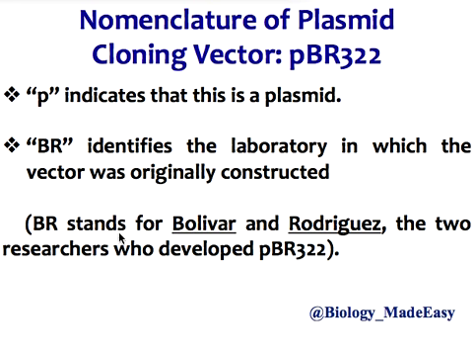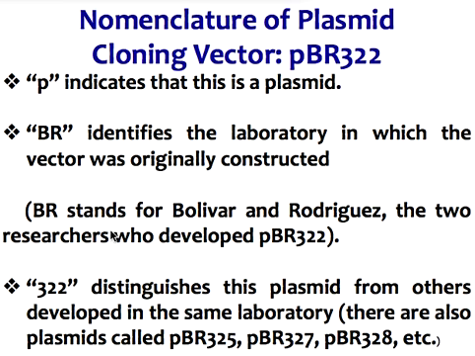We know that BR stands for Bolivar and Rodriguez, the duo of researchers who developed the vector in the laboratory. And the 322 indicates the serial number of the plasmid. This number distinguishes this plasmid from others developed in the same laboratory.